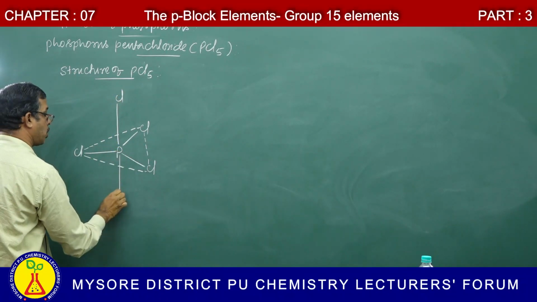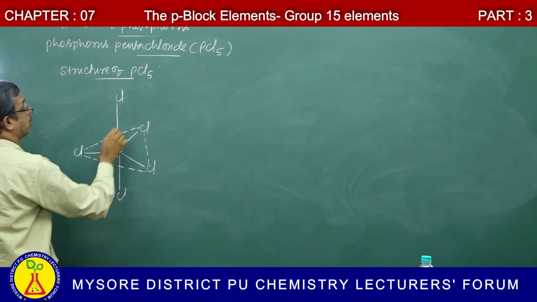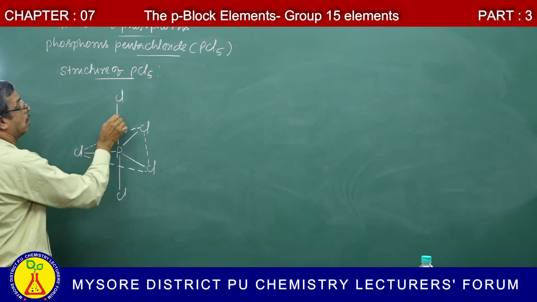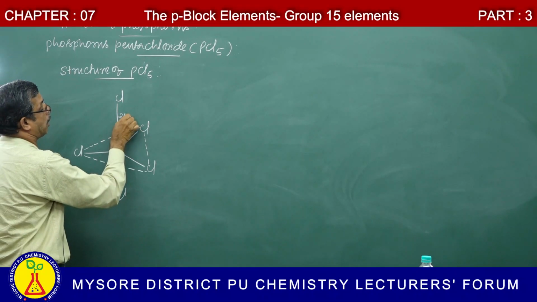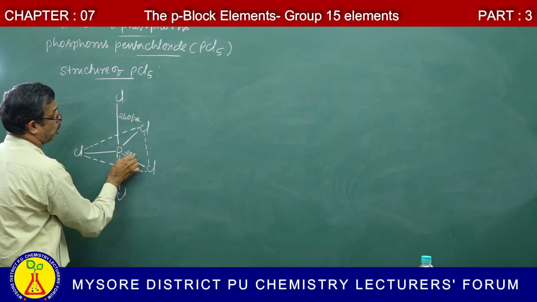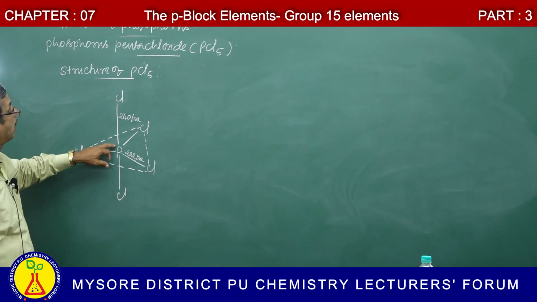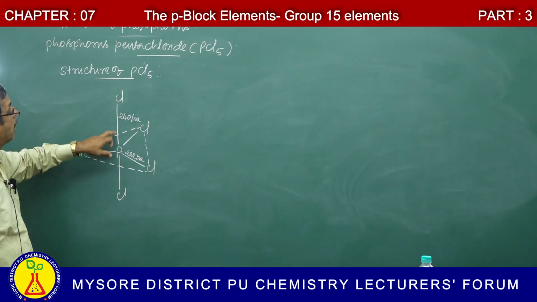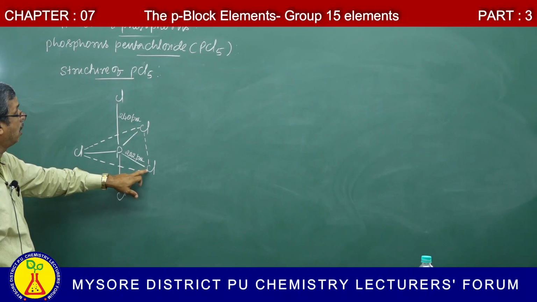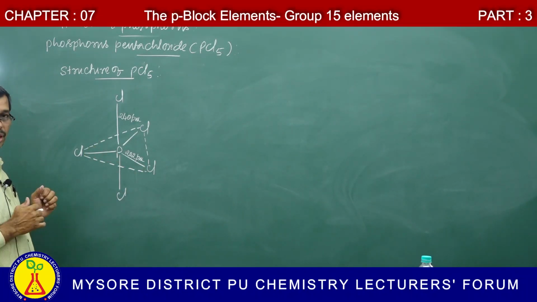And these 2 PCl bonds are called axial bonds. The axial PCl bond length is 240 picometer, and the equatorial PCl bond length is 202 picometer.